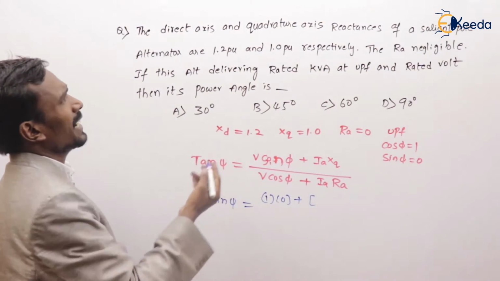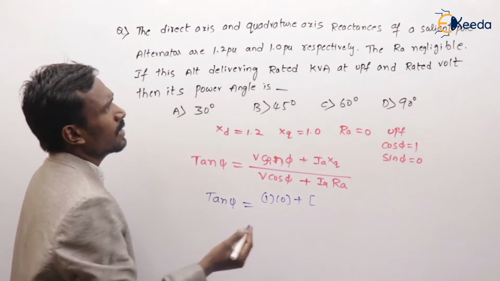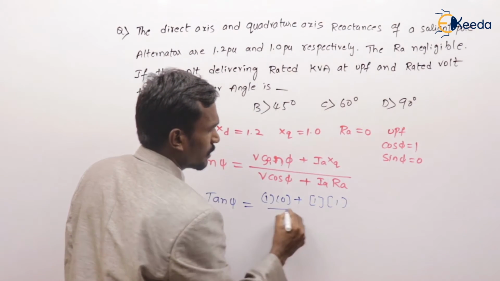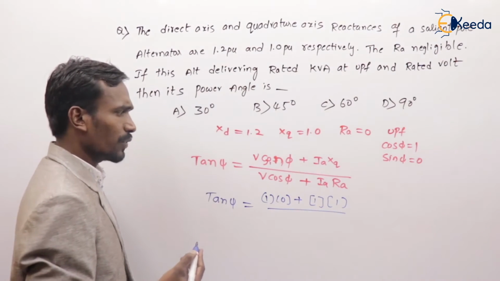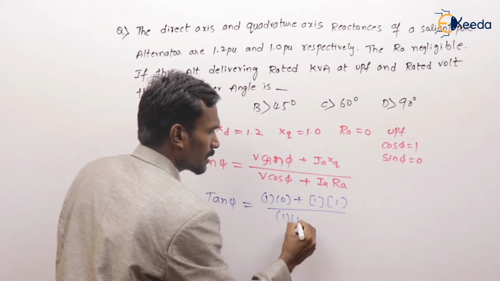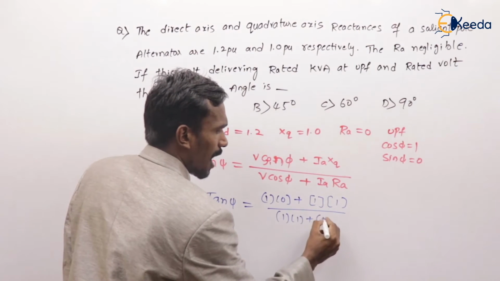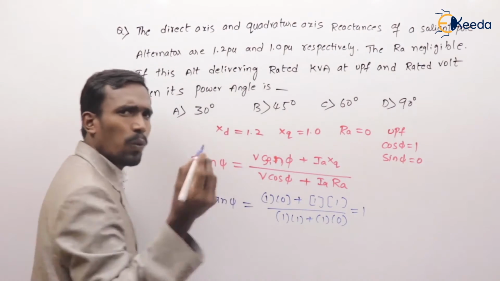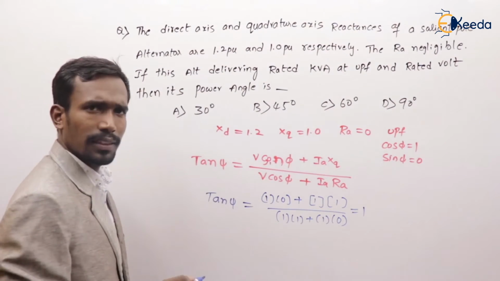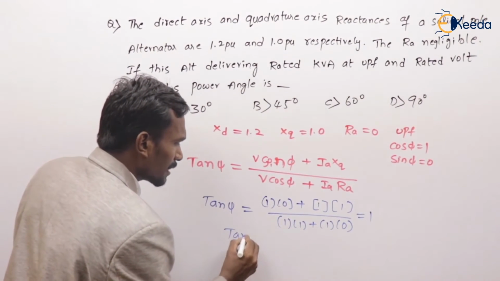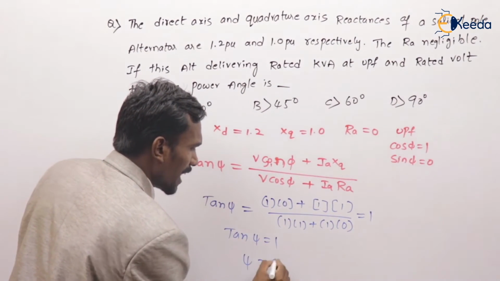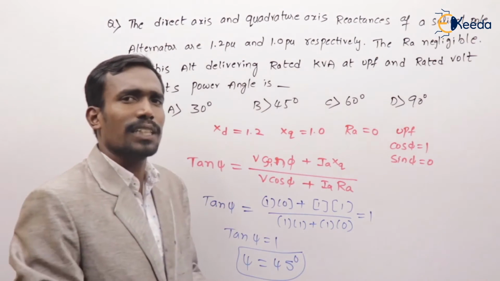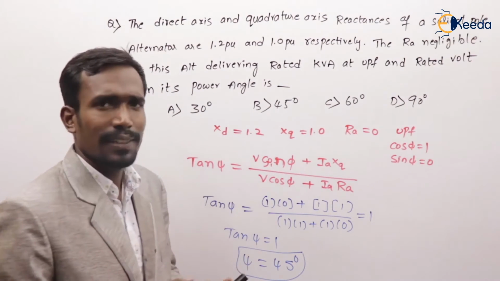They have given rated current, so IA equals 1 and XQ equals 1, divided by V cos phi plus IA RA. So simply, what is the answer for this? 1 by 1, which is 1. So if tan psi equals 1, psi equals 45 degrees. This is the psi.